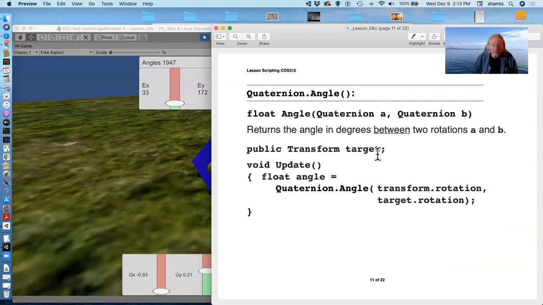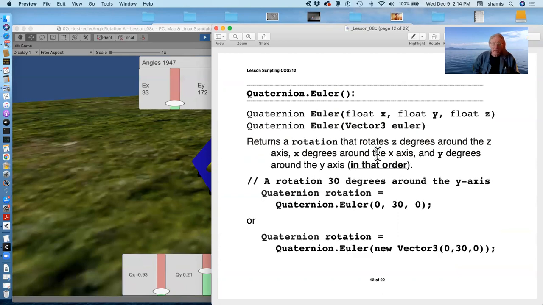Quaternion.Angle returns the angle in degrees between two rotations. So you have two orientations like this, and it returns the angle between these two. Quaternion.Euler is a way of setting a quaternion by specifying the Euler angles. There are two versions.